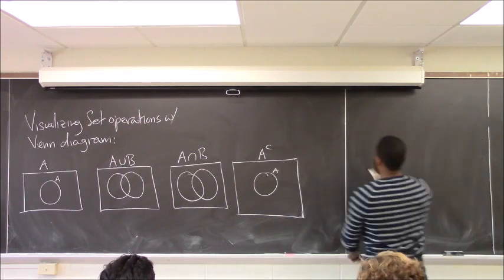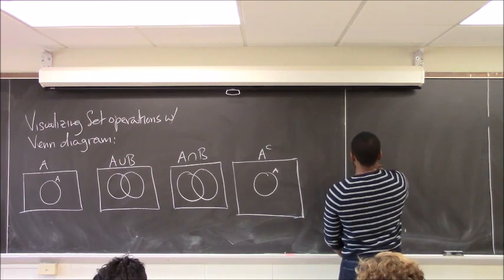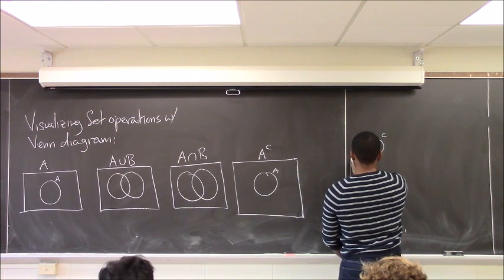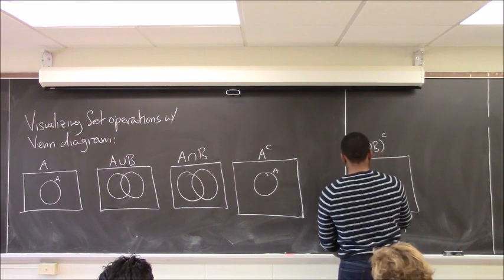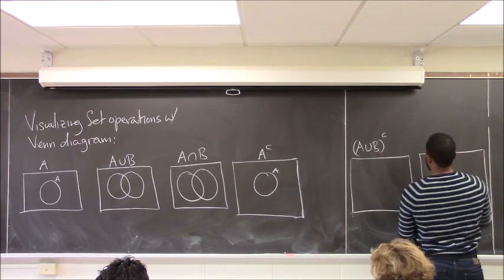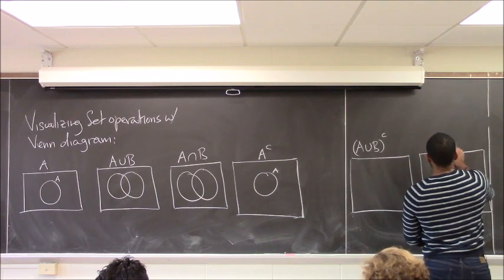And what if I wanted to represent A union B complement? And what if I wanted to represent A complement intersected with B?